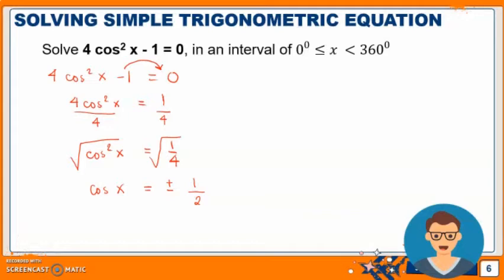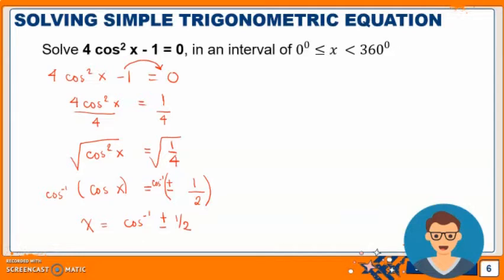So that is cosine negative 1 of cosine x, and also cosine negative 1 of either positive or negative 1/2. So x is equal to arc cos of positive or negative 1/2.